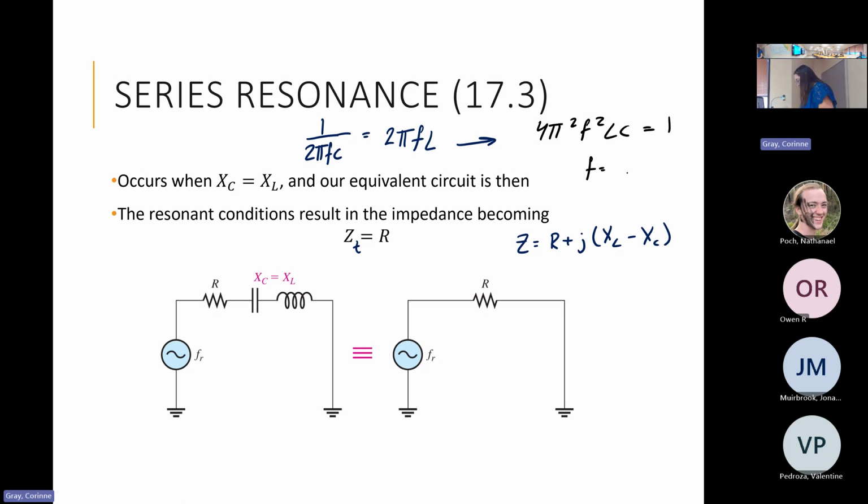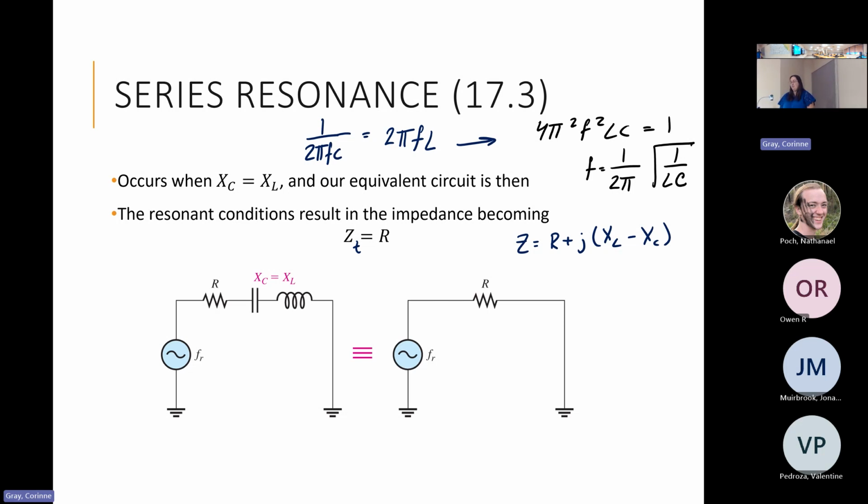Depending on who you are as a person, depends on how you like to see this written out. Because you have 1 over, some people like to have it all in the square root, some people don't. Typically, you'll see it as 1 over 2 pi, square root of 1 over L times C. And this frequency is very important.